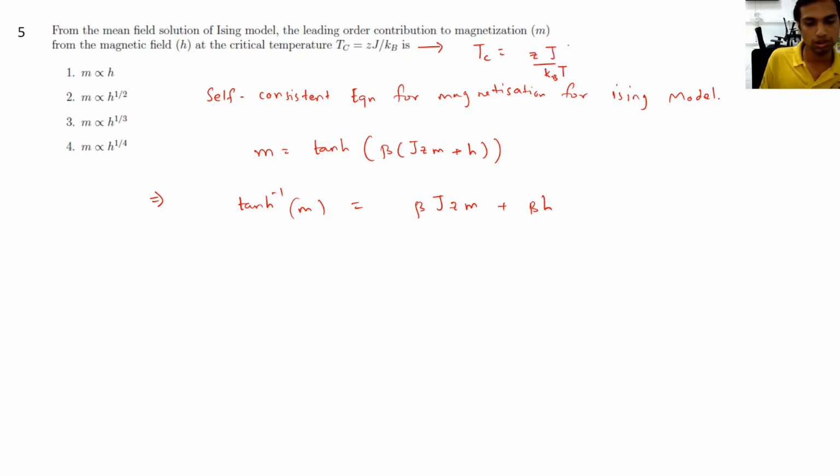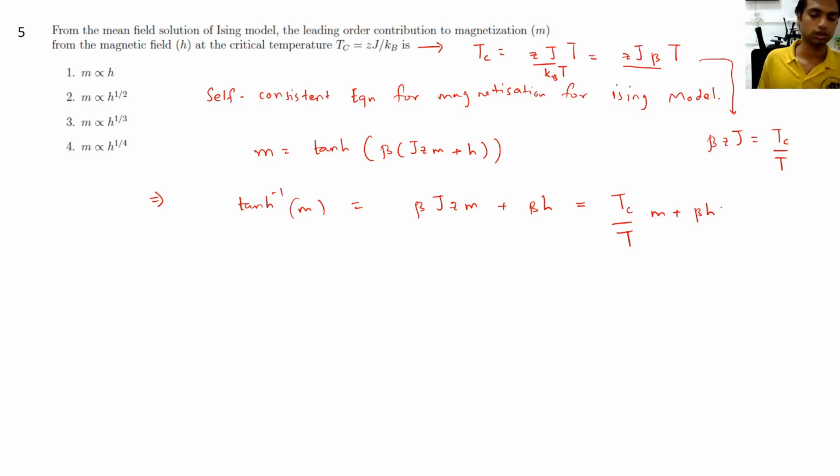You multiply this by T up and down, so what you have is z J beta T. So beta z J can be written as Tc over T. So beta z J is Tc over T, Tc over T into m plus beta h.